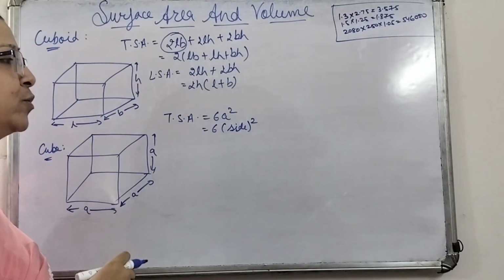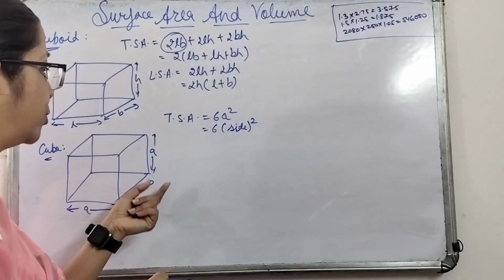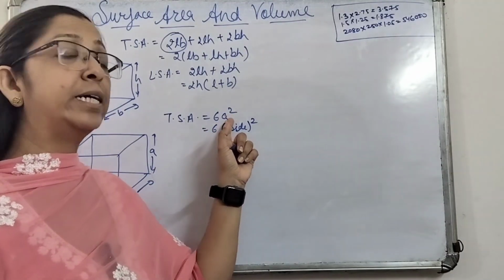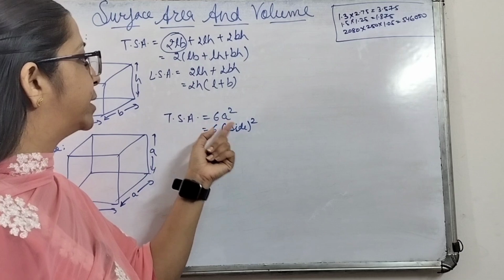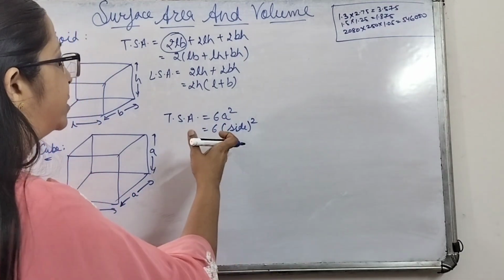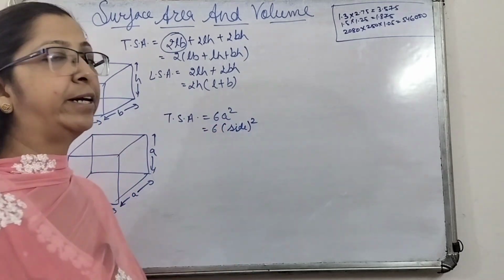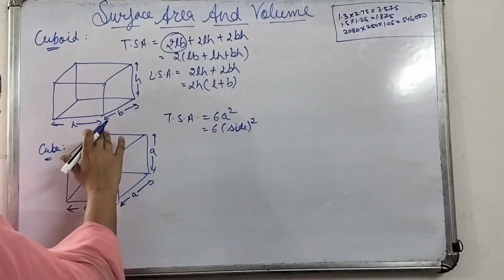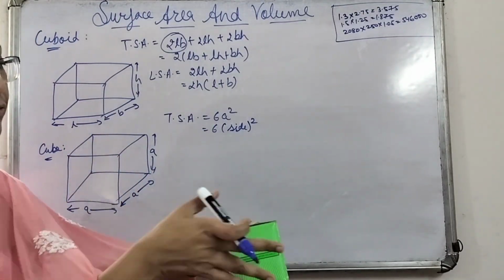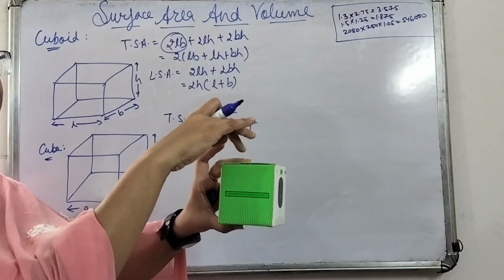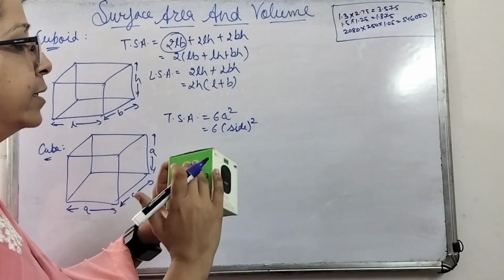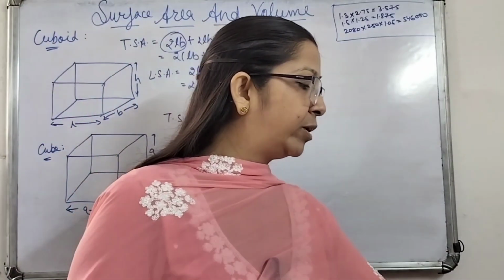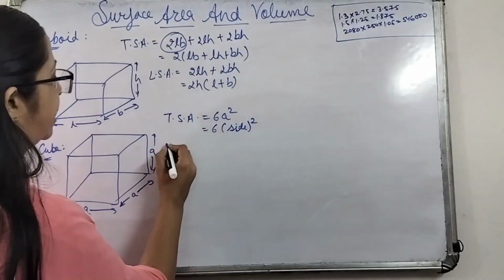Whatsoever is the length, the same will be the width and the same will be the height. So if length, width and height are equal to A, it can be written as 6A square. In general, we can write it as 6 multiplied by side square, whatsoever is the side of the cube. Now, if we ignore the topmost and bottommost faces, and consider only these 4 faces, then we get the lateral surface area.